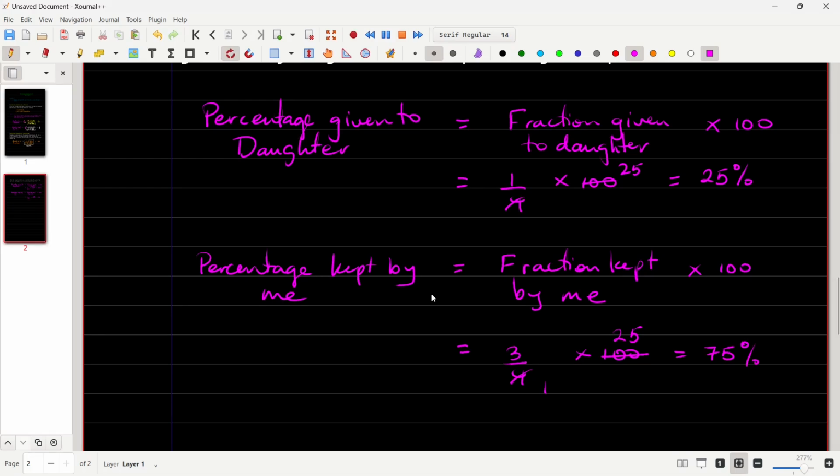All right, so now you know how to express a quantity as a fraction of another or as a percentage of another.